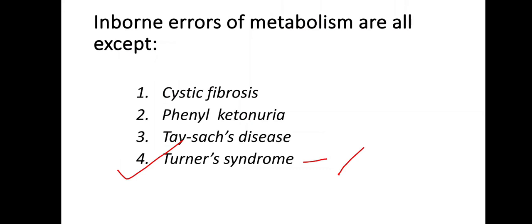These gangliosides build up to toxic levels in the brain and the spinal cord and affect the function of nerve cells. These all are the options. From these, the first, second and third, cystic fibrosis, phenylketonuria and Tay-Sachs disease, come under autosomal recessive disorders.